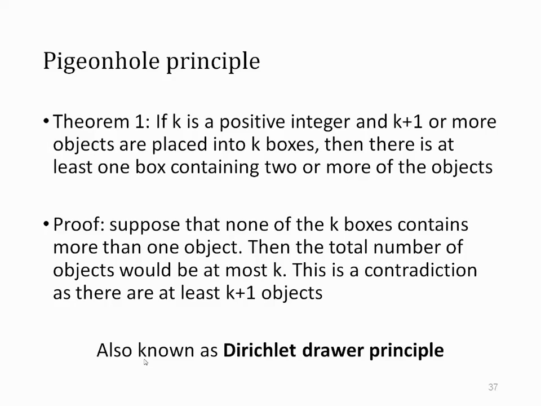This is also called the Dirichlet-Drawer principle, and this is related to the Dirichlet distribution, which is the base distribution for the binomial distribution, from which the binomial distribution has been drawn.